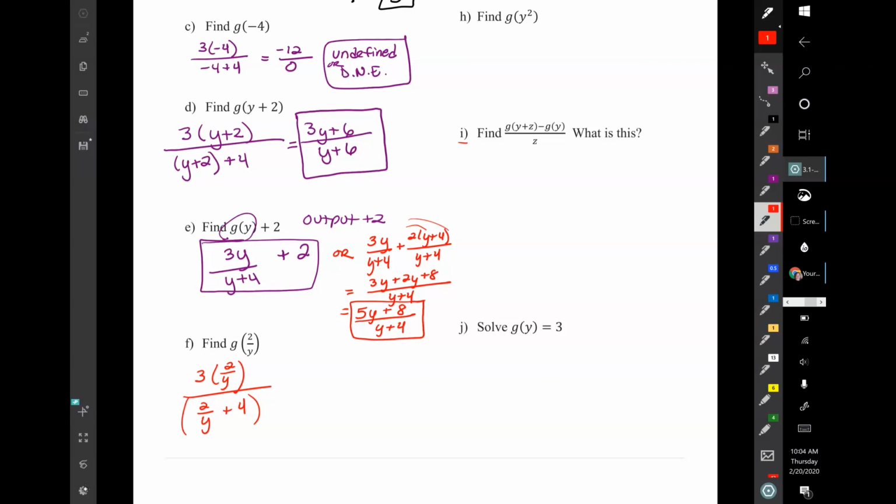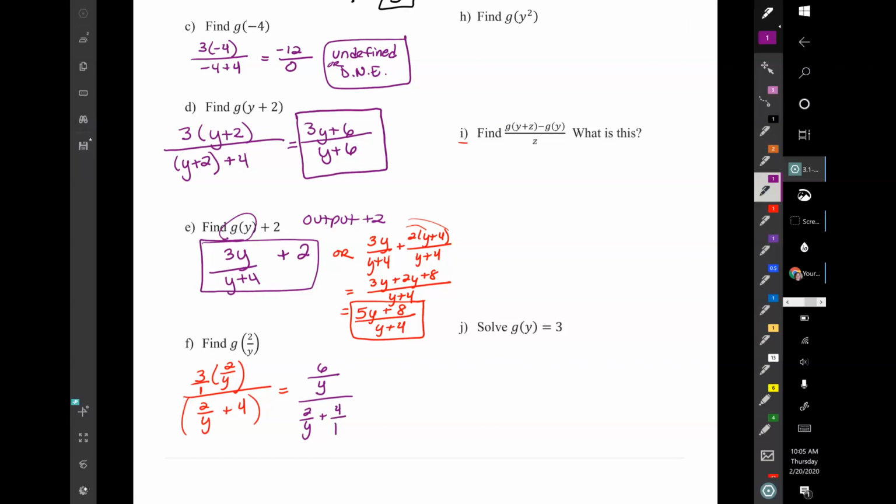So I can use my clearing fractions technique. Remember, this 3 is like over 1. So that's equivalent here. I'm going to write that in purple. I'll have 6 over y, and then I have the 2 over y plus 4. And I'm just going to put that over 1.